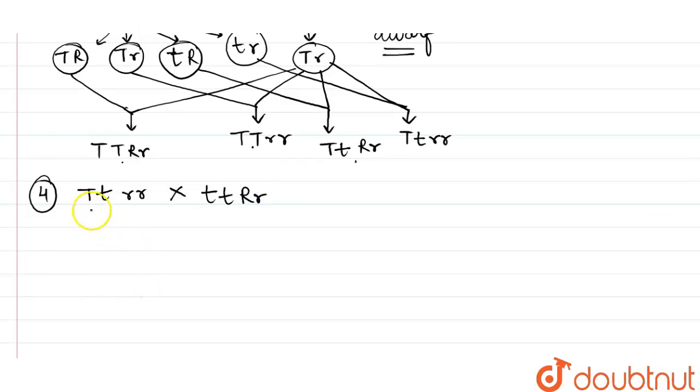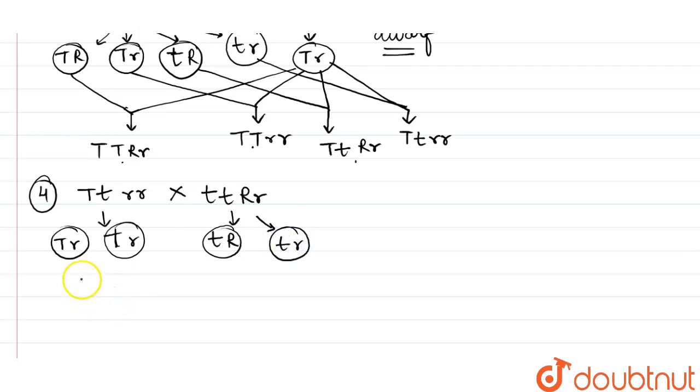The gametes that we will form here will be tall and wrinkled, and dwarf and wrinkled. These are the two gametes formed here. And from the other parent the gametes will be dwarf and round, and dwarf and wrinkled. So let's see.